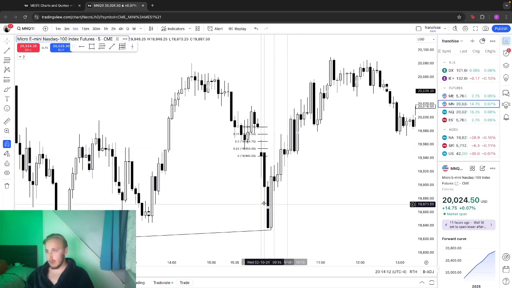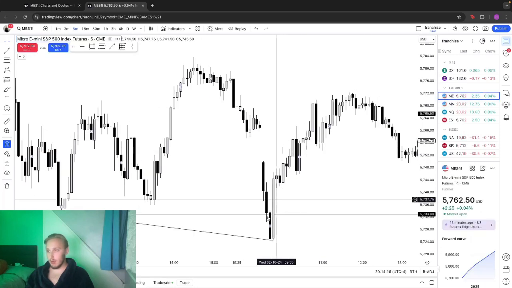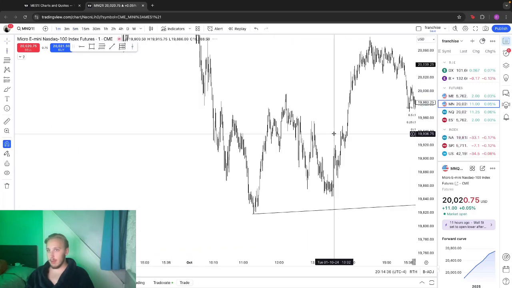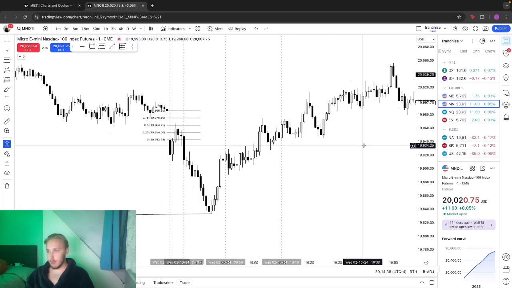So technically we had the SMT at this one, and we then pushed lower, sweeping out more, sweeping out this low. Now, if you were on the 1-minute chart, seeing that we took it out at 9:35, I'll put a line there. I'm probably waffling right now, but I don't really care.